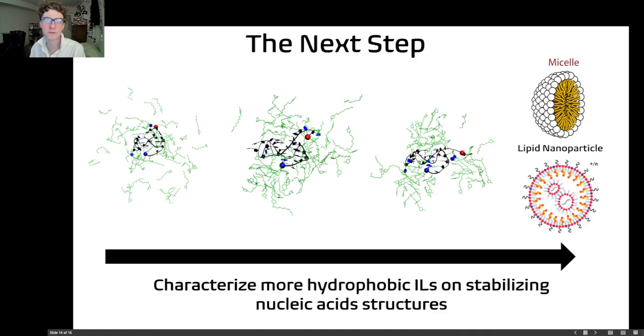Now, what does this mean for the bigger picture? And also, is this enough to stabilize RNA or the vaccine? Well, we ultimately want to get to the golden goal, which is to simulate a lipid nanoparticle-like environment, but not quite. So basically, the lipid nanoparticle architecture, I promised I would mention this.